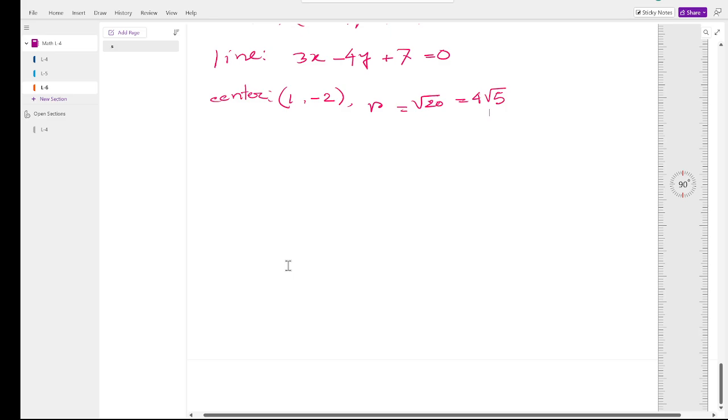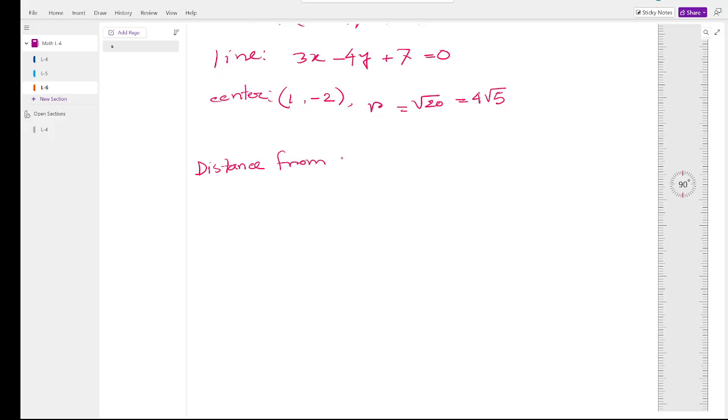Now we calculate the distance from the center to the line.